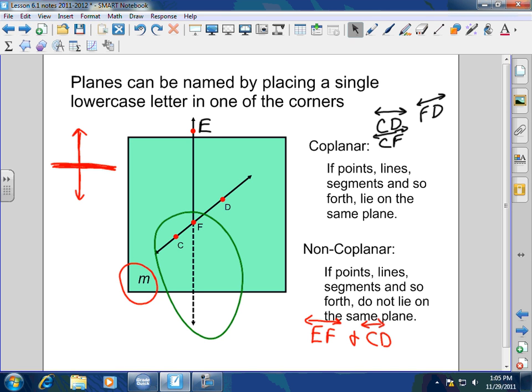Almost like the example of taking a flat sheet of paper and putting a pencil or a pen through that paper. Are those on the same plane in that particular case? No. Now we're going to move on, guys, regardless of if you got it or not, because at this point I think that we're just being redundant.